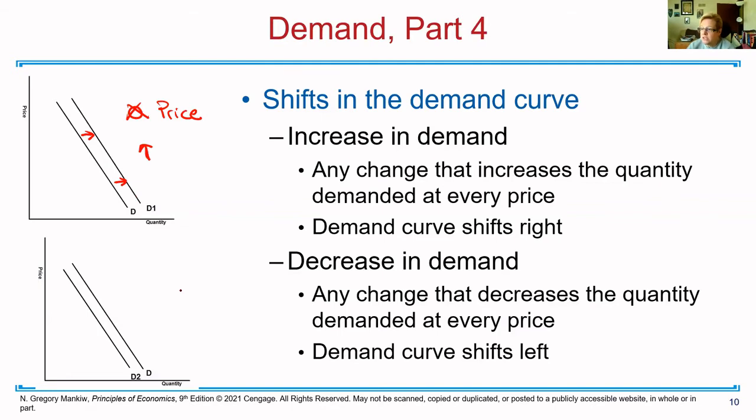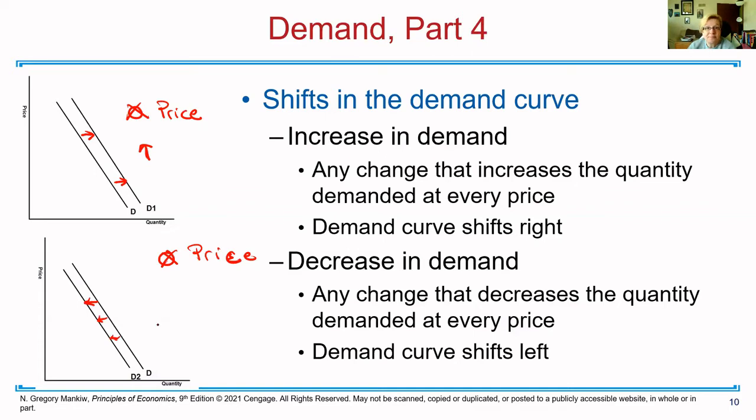A decrease in demand, and sometimes I label it D or D2, but I do try to make a difference so that you understand. A decrease in demand, what's going to cause that? Not price. It's going to be, for example, the demand curve shifting inward. This is a morbid thought, but I am the dismal science, right?